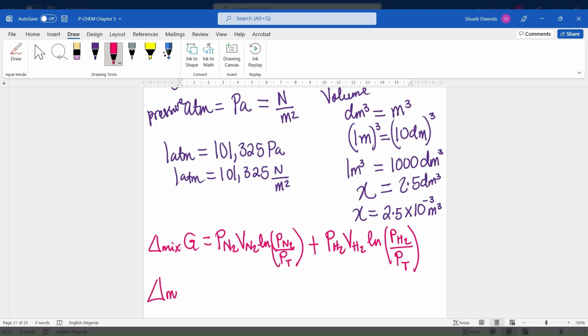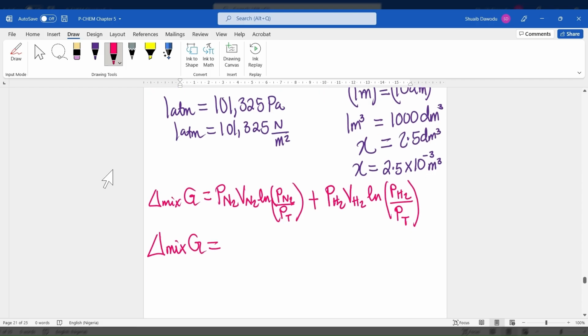So for the change in Gibbs energy of mixing, we're just substituting the pressure. We don't have 1.0 anymore.